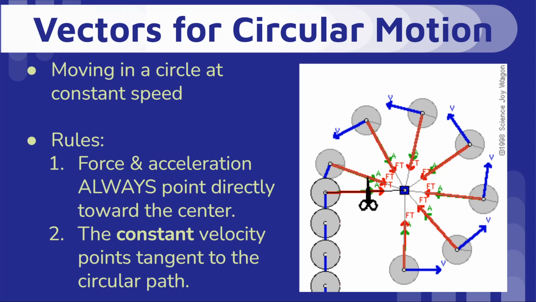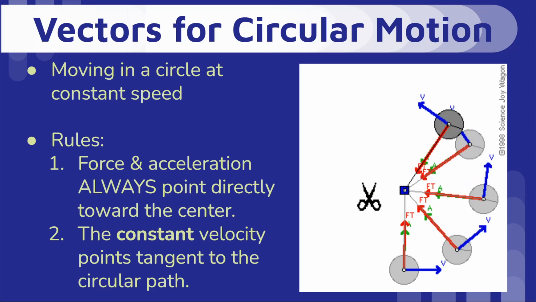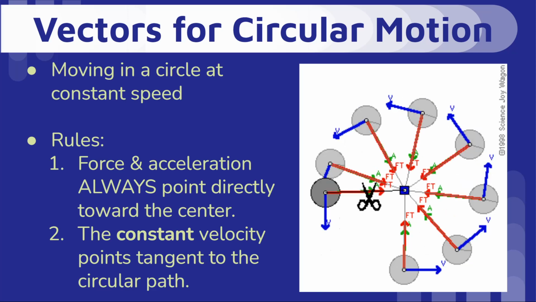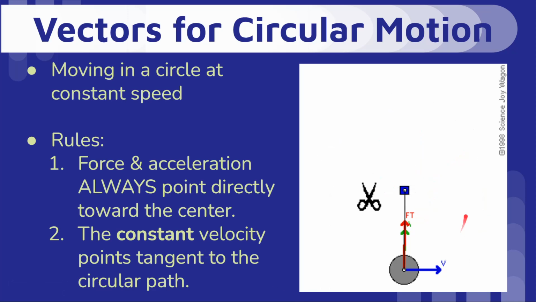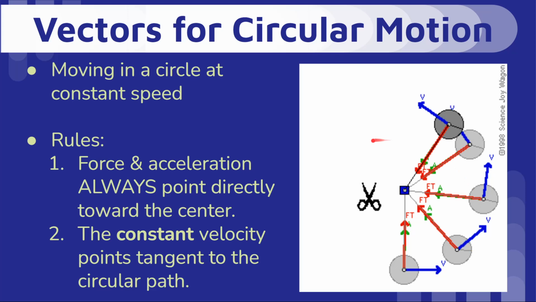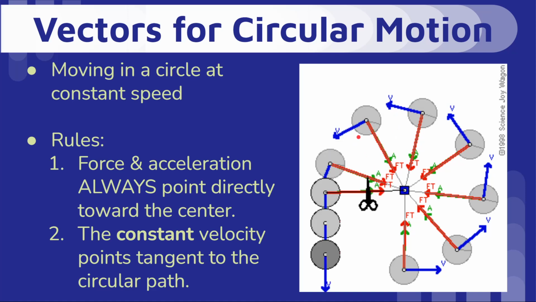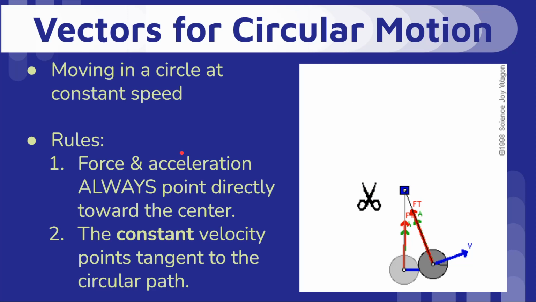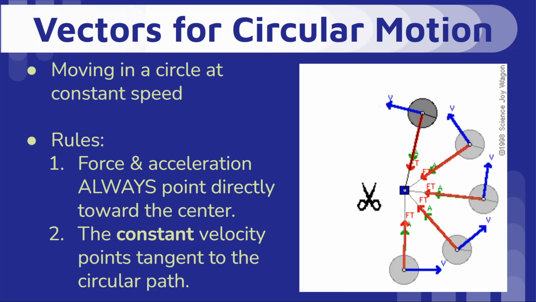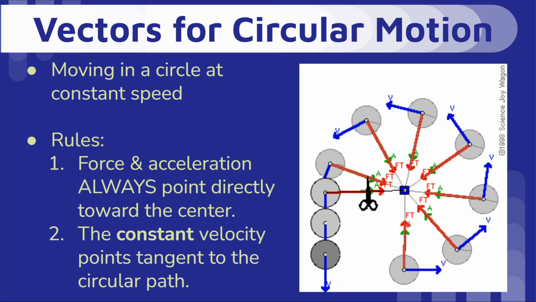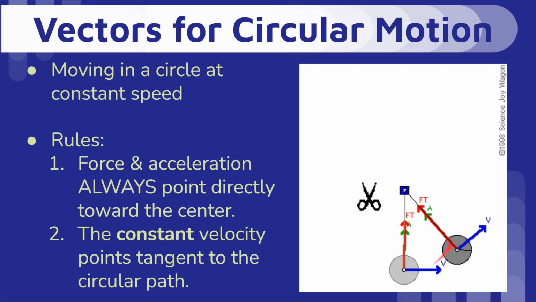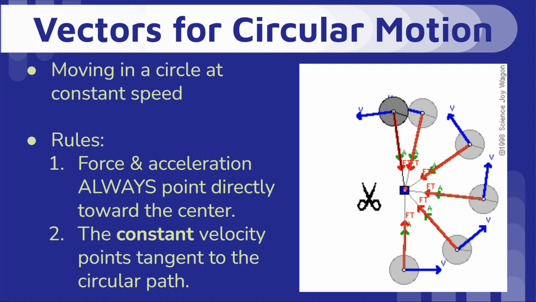So here is how you could draw vectors for an object in uniform circular motion. If I asked you to show the direction at any given point, and this shows several of them, of course there are also points in between those, but that might be helpful for you to have something like this copied down. You can see that the force of, in this case, tension, because this object is being swung around on a string, is always pointing inward toward the center of the circle.